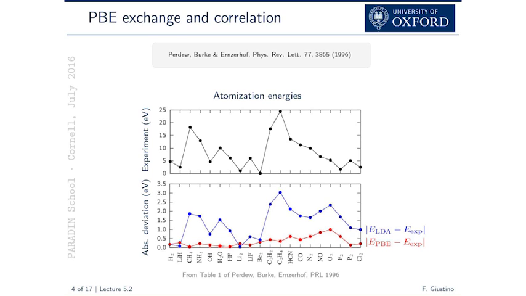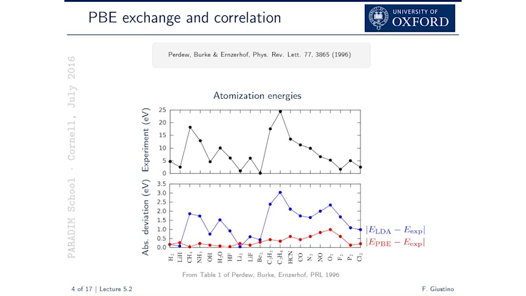And what you see here, instead of giving you the calculated values, I'm giving you directly the difference between the calculation and the experiment. In the case of the LDA, the blue line is the deviation, in electron volts, from the experiment, and in PBE, the deviation is the red line.